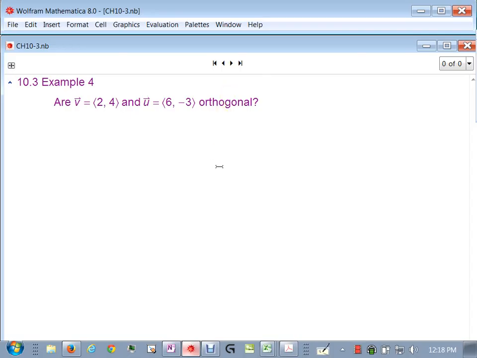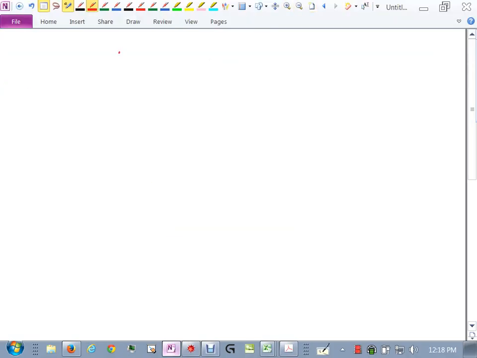Are these two vectors orthogonal? The only way they can be orthogonal is if what is zero? The dot product, right? What's the dot product of these two vectors? So (2, 4) dotted with (6, -3).